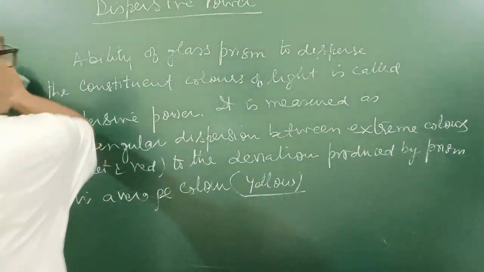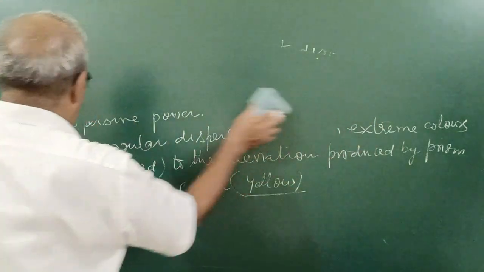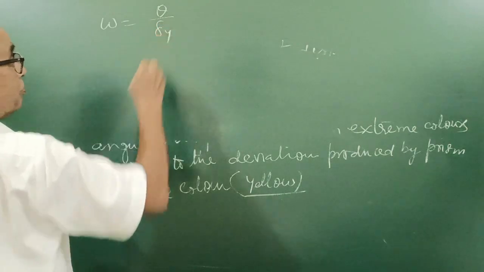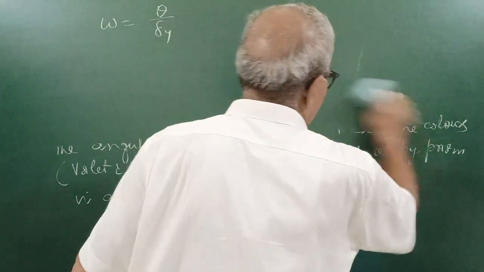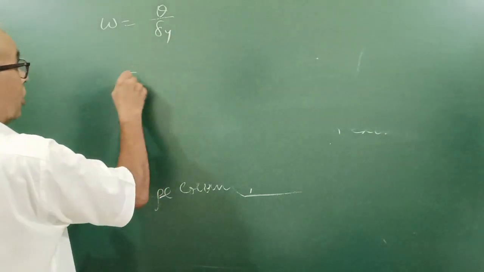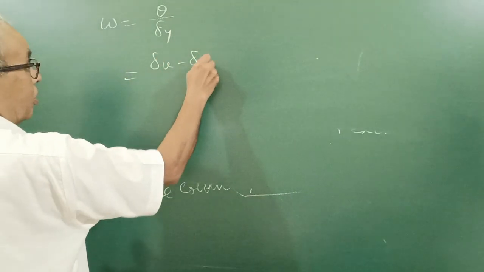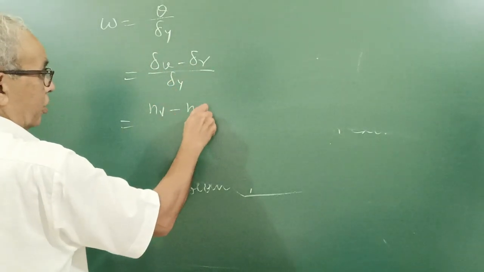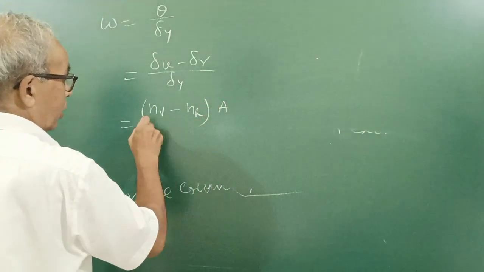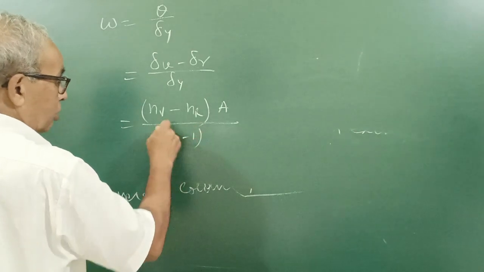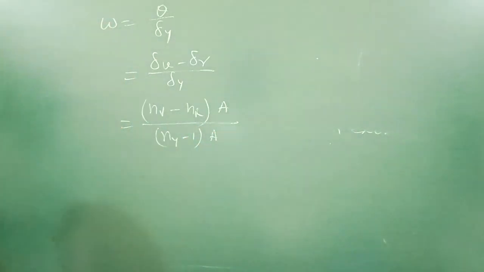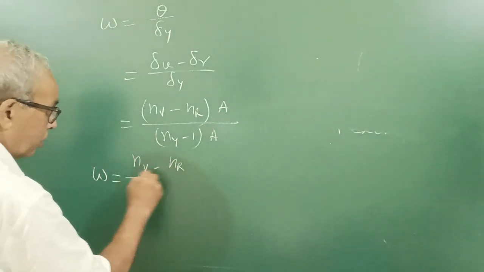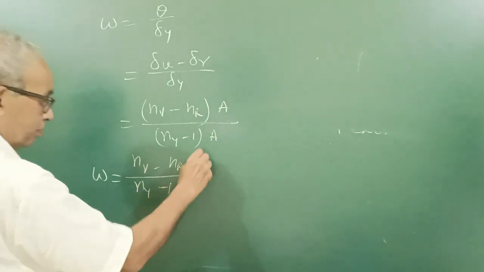That is omega. Omega is equal to theta upon delta Y. Theta is the angular dispersion between violet and red color, or omega equals (delta V minus delta R) upon delta Y, or it is (NV minus NR) into A upon (NY minus 1) into A. A cancels, so omega equals (NV minus NR) upon (NY minus 1).